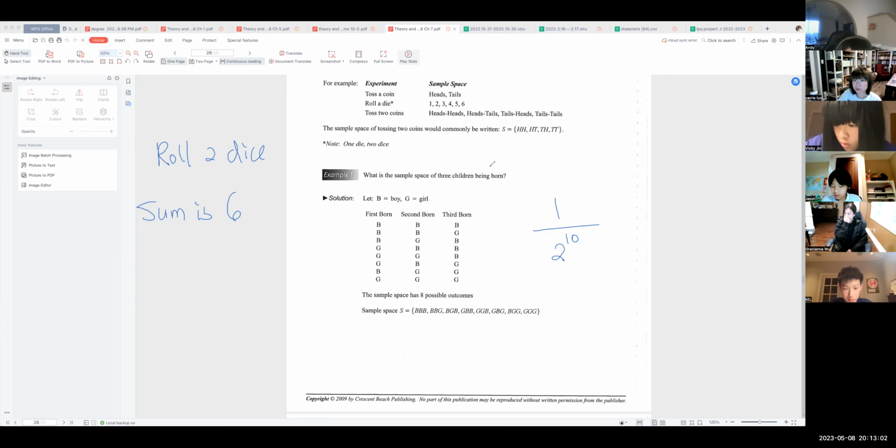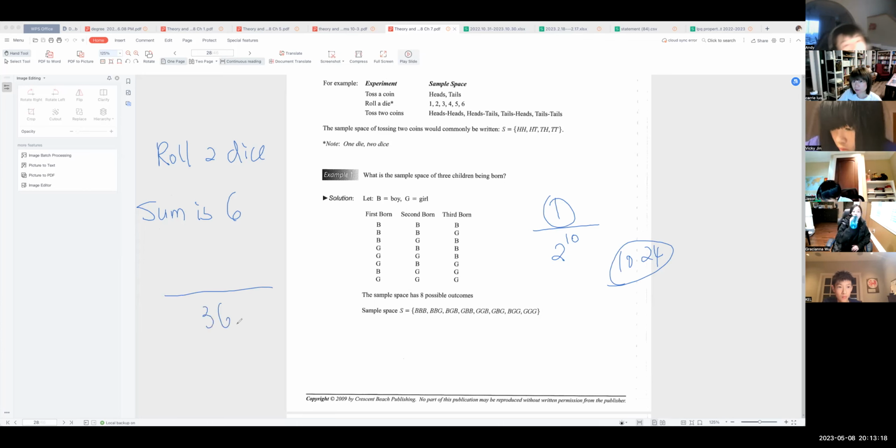If you toss 10 coins, there are altogether 1024 possibilities, and all heads is just one of them. So for rolling the dice for a sum of 6, you need to find all the possibilities of rolling 2 dice, which is 36. There are altogether 36 outcomes.